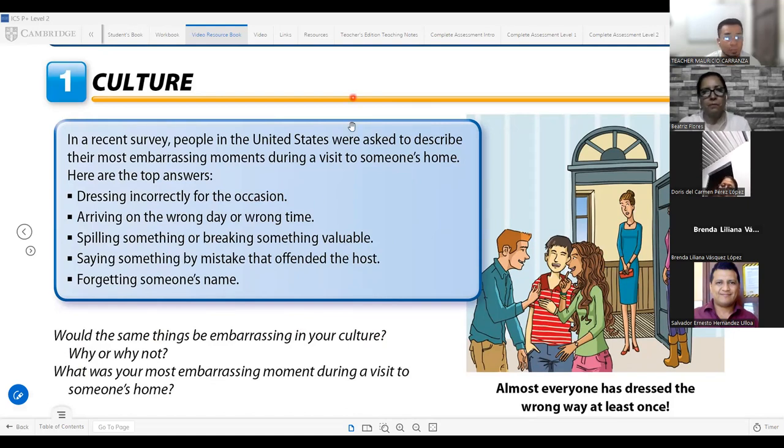I will let you discuss in breakout rooms about embarrassing moments that you have seen or that you have experienced. Probably you have had embarrassing moments. So that's what we're gonna do. You're gonna read all the embarrassing moments again, and then you're gonna discuss the questions, okay? Would the same things be embarrassing here in El Salvador? Why or why not? And what was your most embarrassing moment during a visit to someone's house? What happened to you, right?